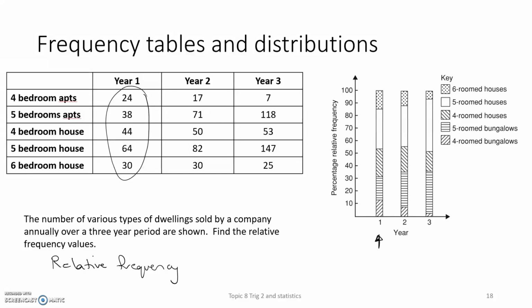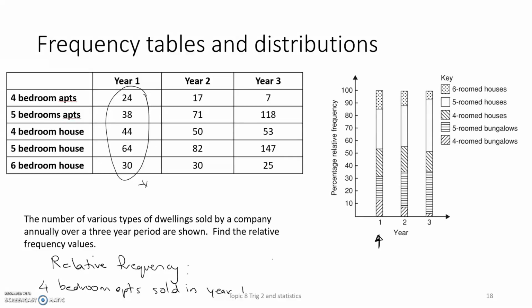Say, in this case, let's look at the number of 4-bedroom apartments sold in year 1. So we go to year 1 and we look at the 4-bedroom apartments. There are 24 of those.